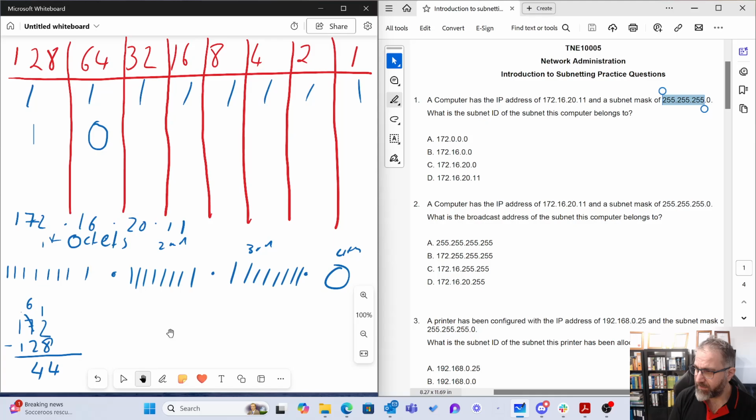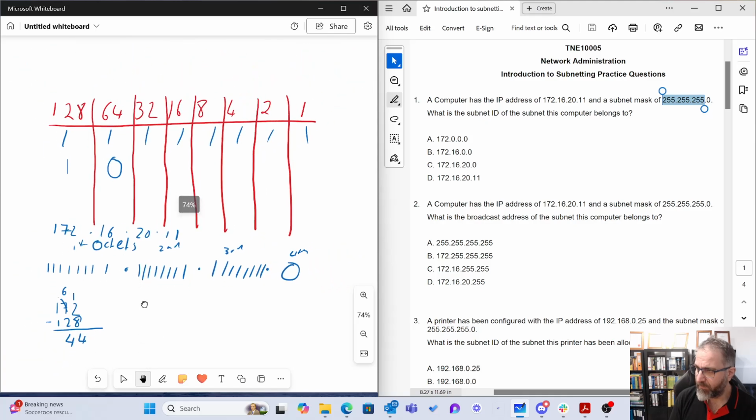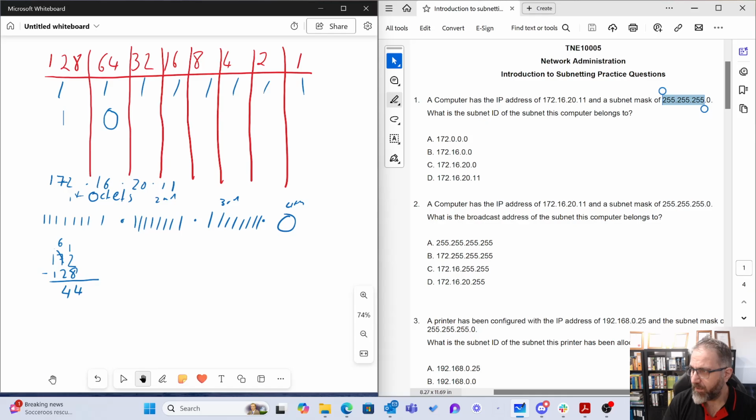Then I move up a bit. Now, is 44 greater than, and I don't take anything away from that, is 44 greater than or equal to 32? Yes, it is. So I put a 1 there. Then I put that 32 down here and I minus it.